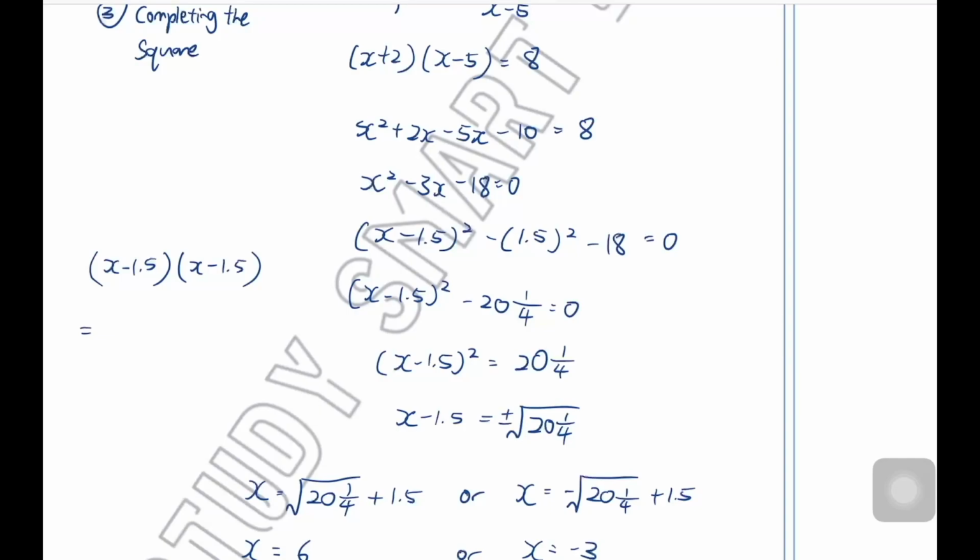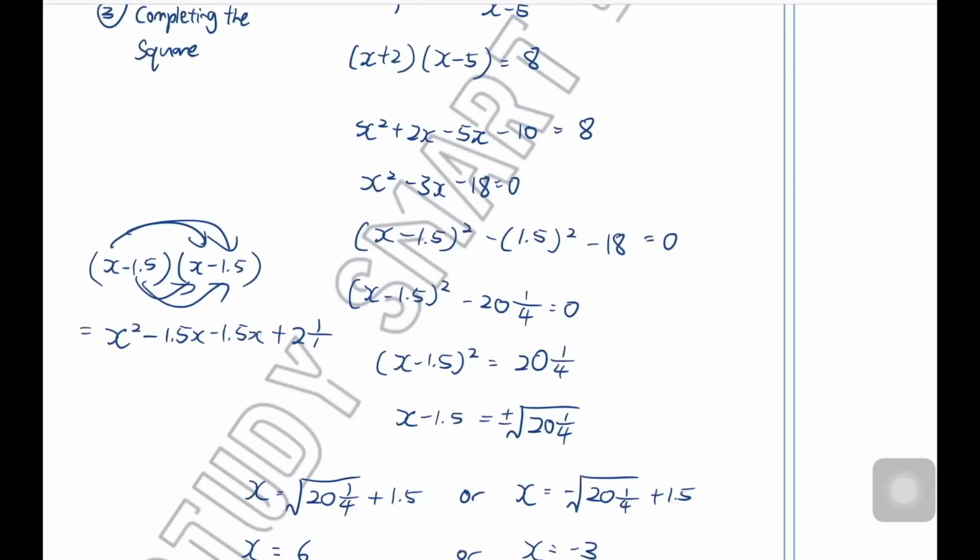By doing the butterfly method to expand this, you will get x squared minus 1.5x minus 1.5x, and then plus 1.5 times 1.5.